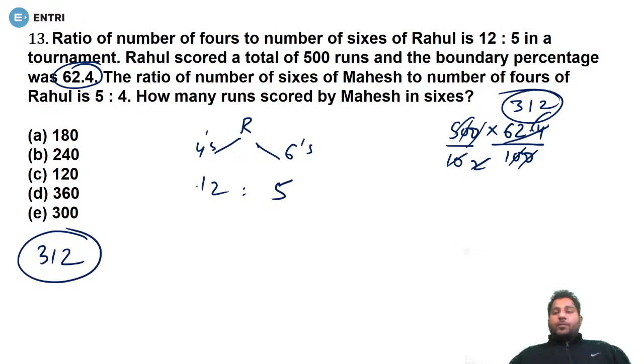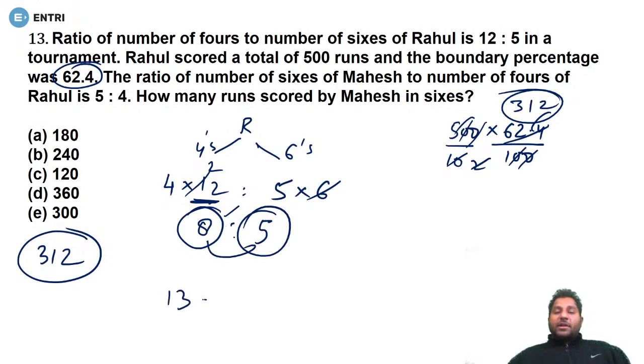Now you will convert them into runs. If 12 boundaries have been hit with 4 runs per boundary, you will multiply it with 4. Here you will multiply it with 6. Then you will get the final runs with fours as 8 and with sixes as 5. So the total will become 13 among boundaries, and it has to be equal to 3 and 12. That means 1 ratio equals 13 twos are 26 and 13 fours are 52. So 1 ratio equals 24.